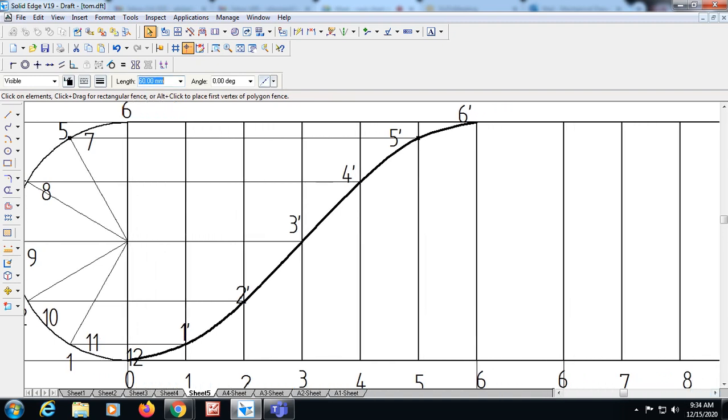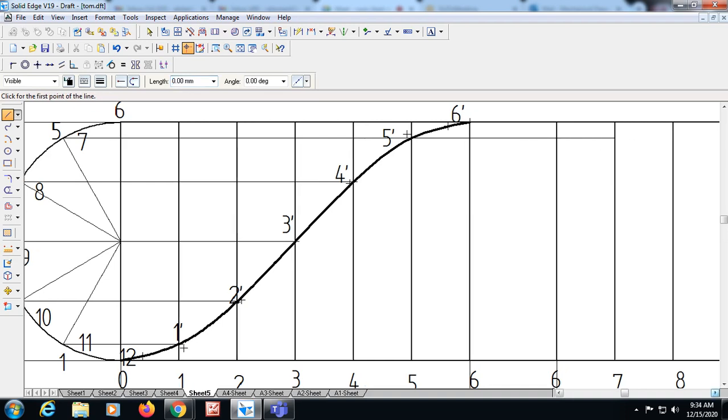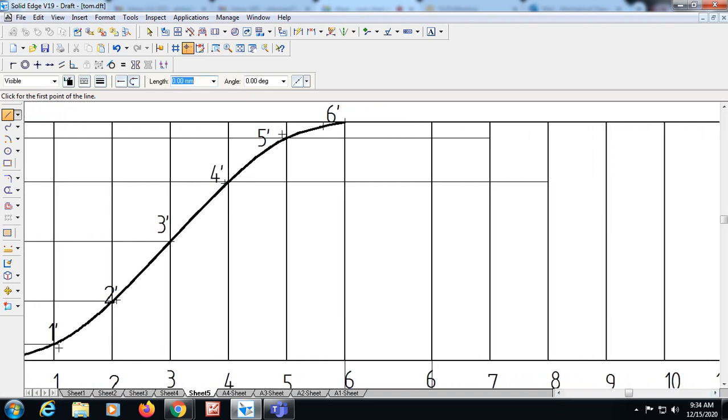So I will take the line, then the same one will be drawn and continued up to 7. Next, this one 8, so the same thing will be continued up to 8. Next, the same way, it should come from here up to 9.